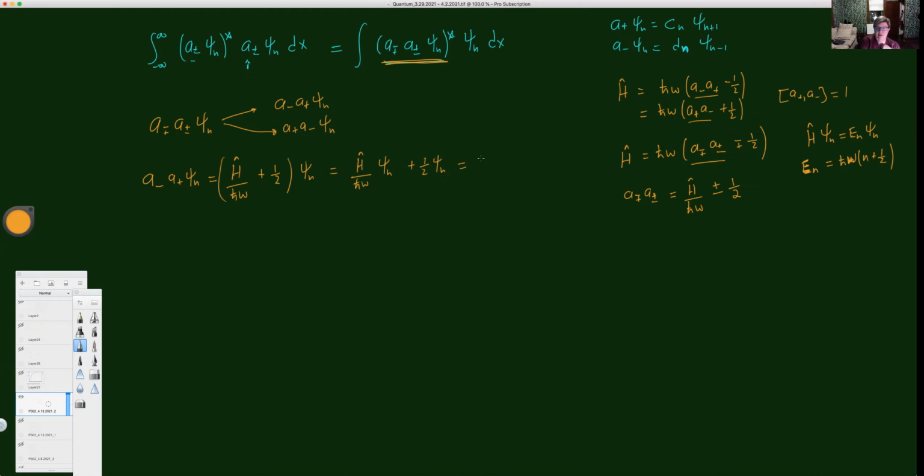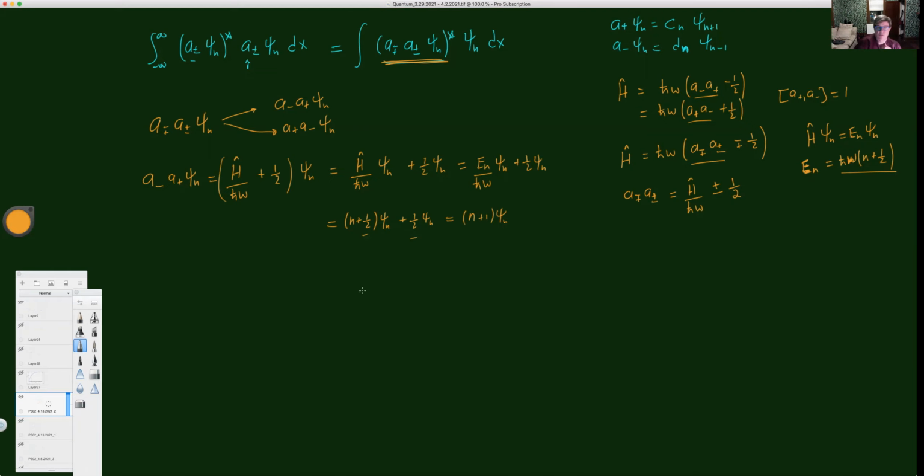So we have En over h bar omega, and then psi n, and then plus 1/2 psi n. And writing it out here again, En is this stuff over here, so the h bar omega will cancel with this one, and we get n plus 1/2 psi n plus 1/2 psi n, and therefore this is just n plus 1 psi n, combining this 1/2 and this 1/2 here.